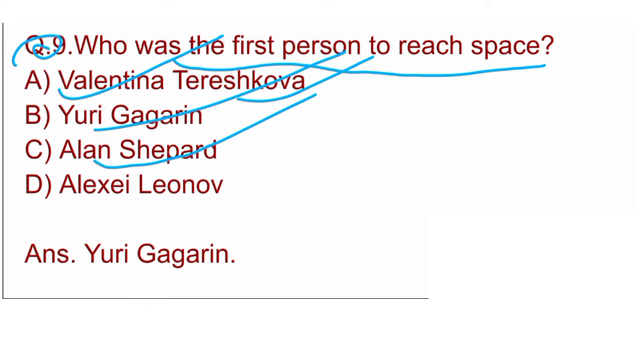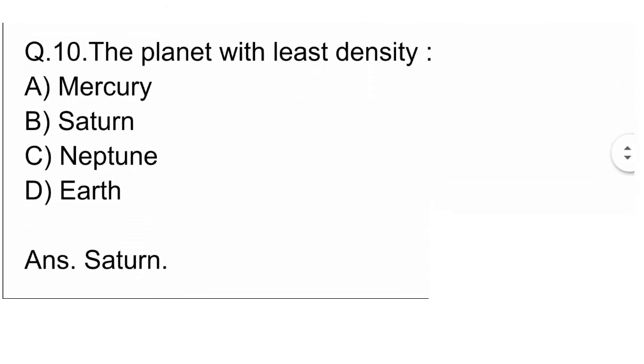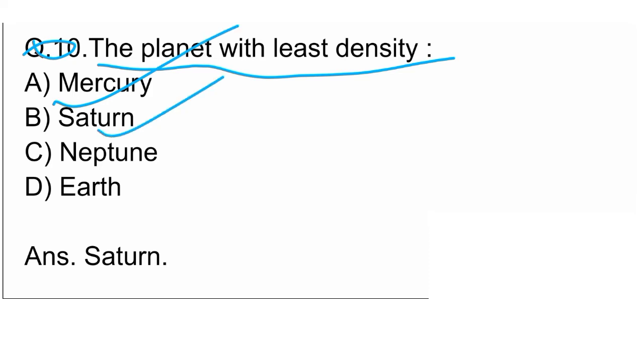The correct option is B, Yuri Gagarin. Question number 10: the planet with the least density? Option A, Mercury; B, Saturn; C, Neptune; D, Earth. The correct option is B, Saturn.